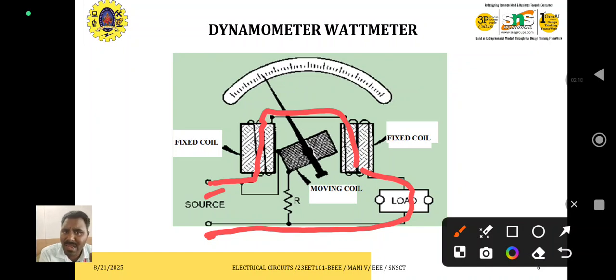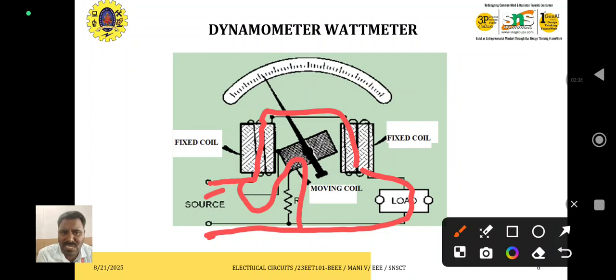The fixed coils are connected in series with the load. Next, the moving coil: here you can see the moving coil is connected across the load, or across the source.